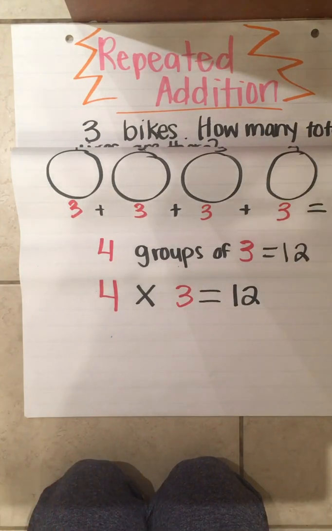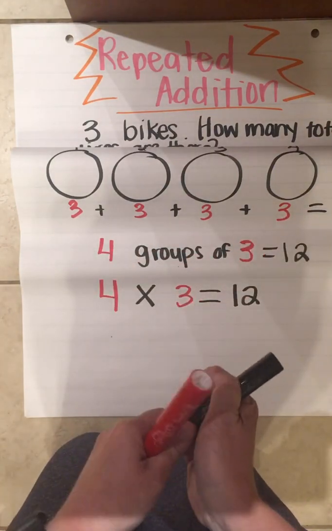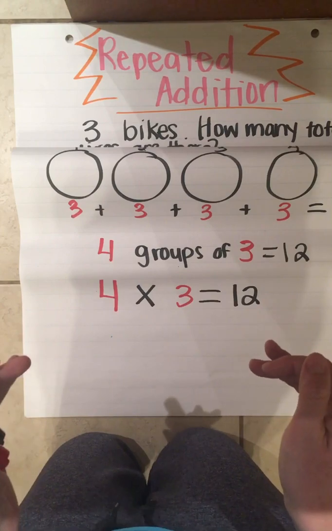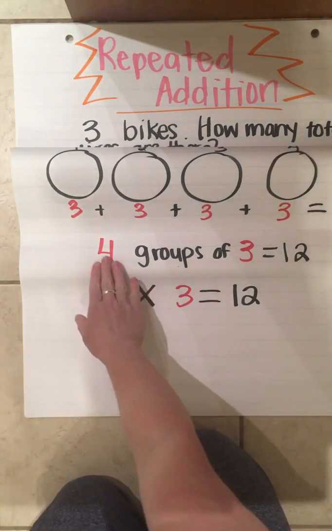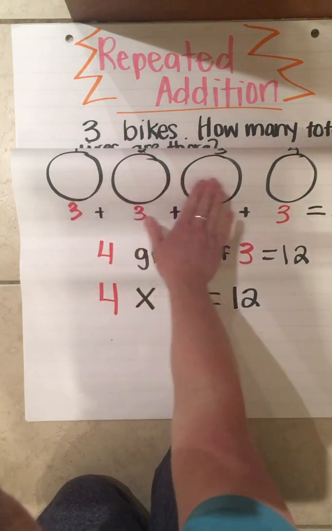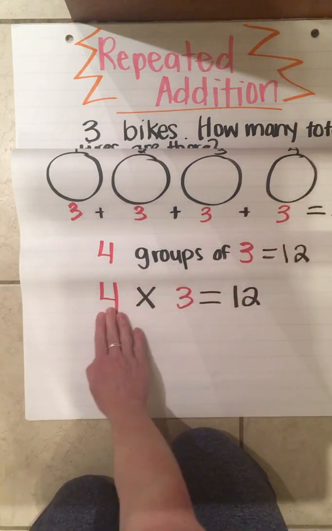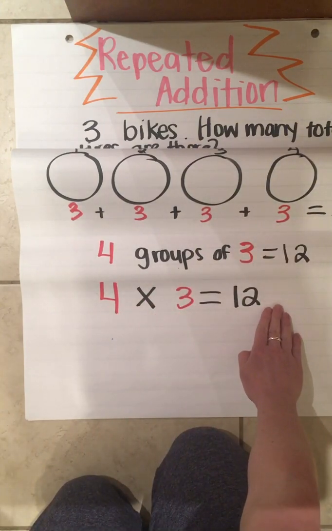This is our new mathematical symbol, and it is very, very helpful. In grade 2, all you need to know is how to make equal groups, add them together as repeated addition, and then how you can show that as a multiplication sentence, okay?